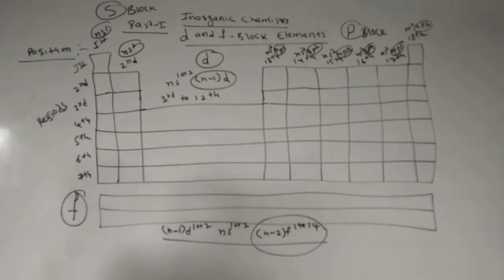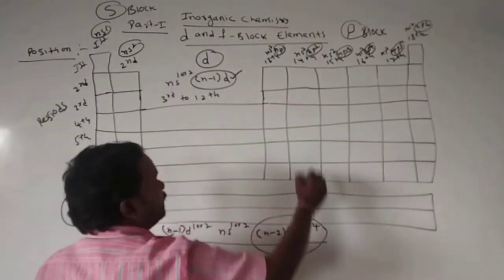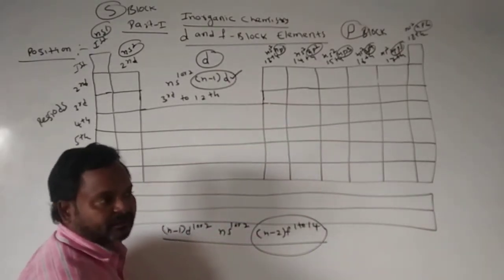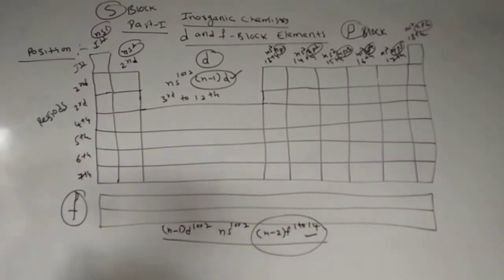That means in d-block elements the last electron is present in the (n-1) d orbital, and in f-block elements the last electron is present in the (n-2) f orbital.